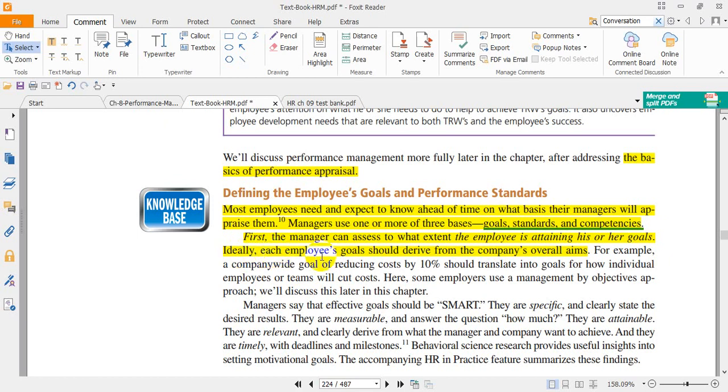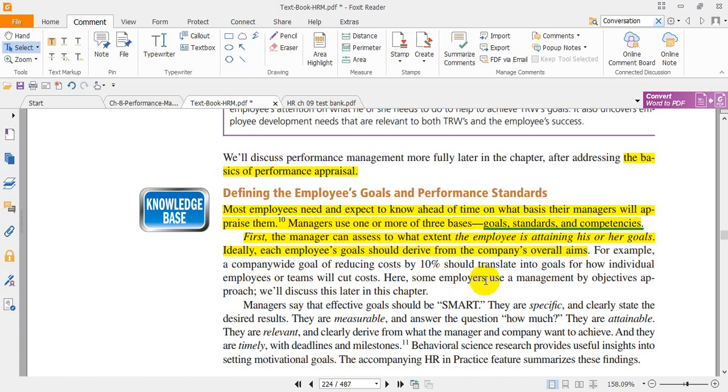Ideally, each employee's goals should derive from the company's overall aims. As an example, a company-wide goal of reducing cost by 10% should translate into goals for how individual employees or teams will cut costs.